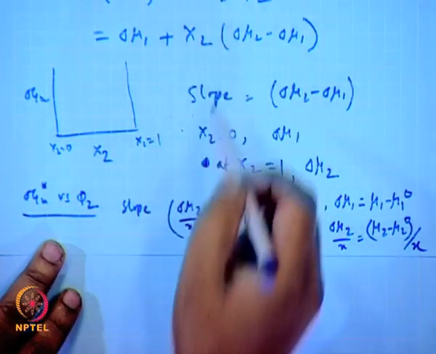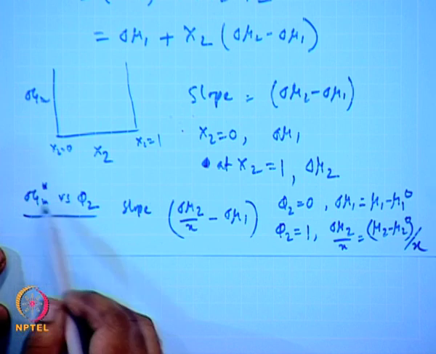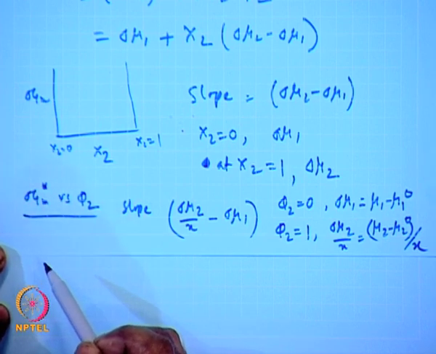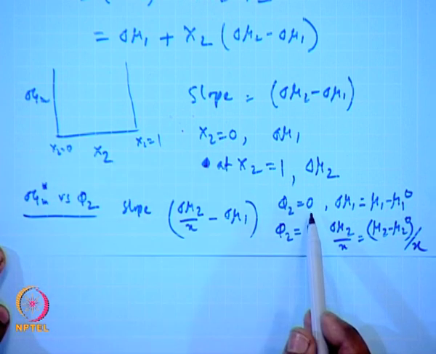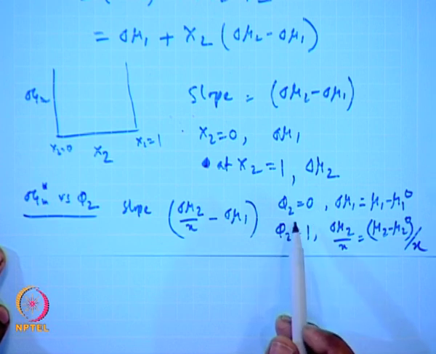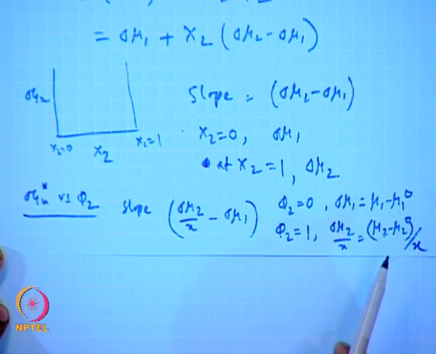Okay. This is just simple mathematics. So, if you plot delta G m versus phi 2, then the slope will be given by this and the intercept would be given by these values.